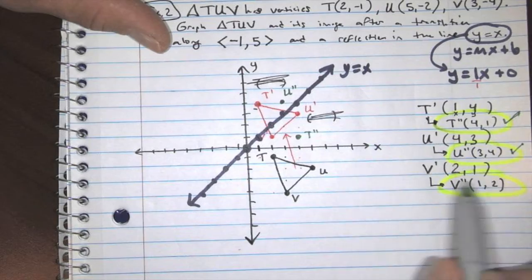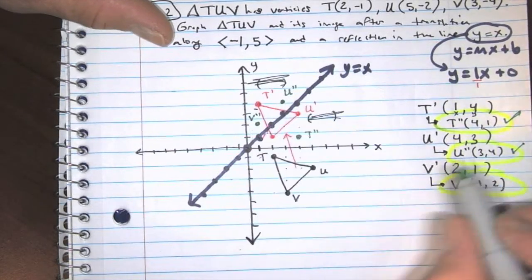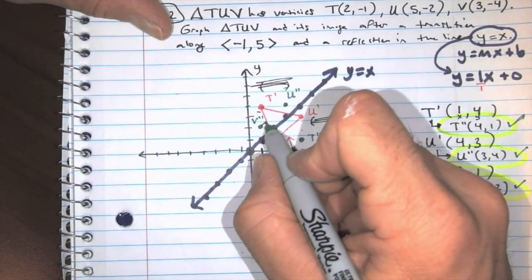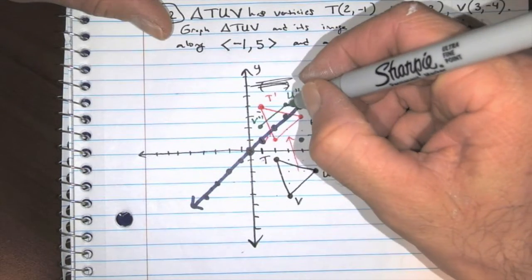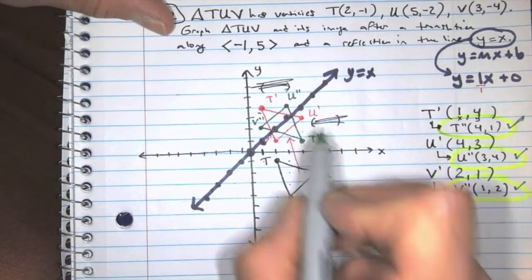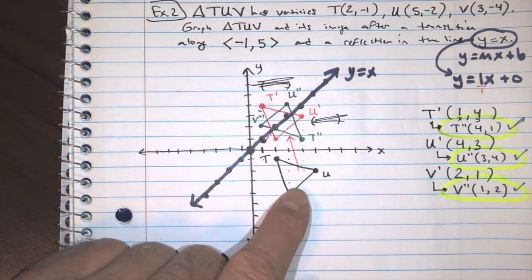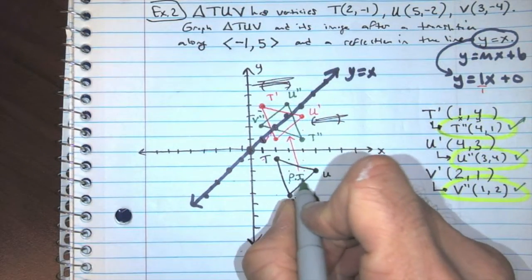And then V double prime is over 1, up 2. Connect them. Make a triangle. Looks kind of cool, actually. So this green triangle is going to be your final answer, and that is your original pre-image.